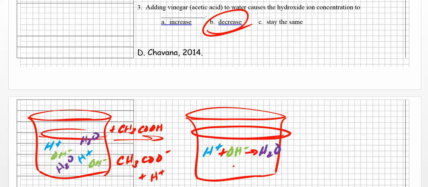The hydroxide ion concentration is decreasing because the hydroxide is being gobbled up by the hydrogen ions that are in the solution, giving me water and making the solution more acidic.